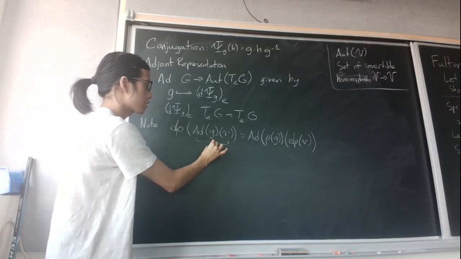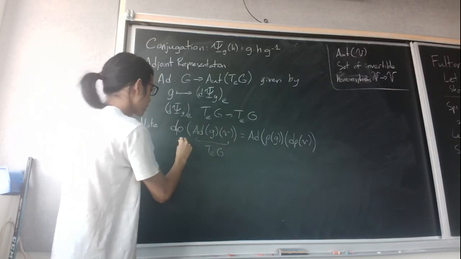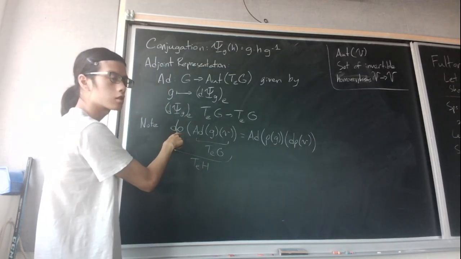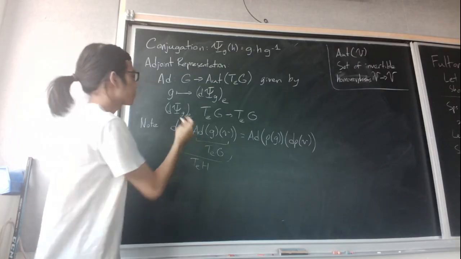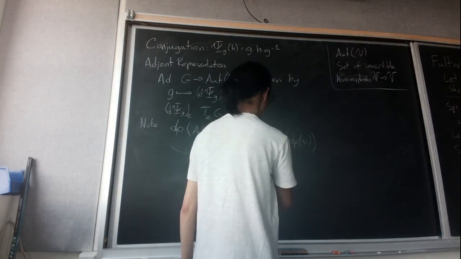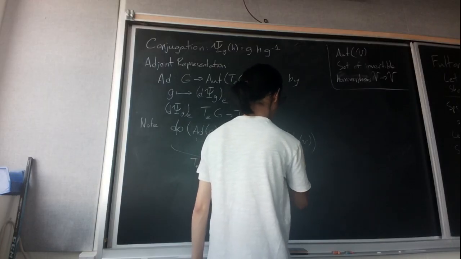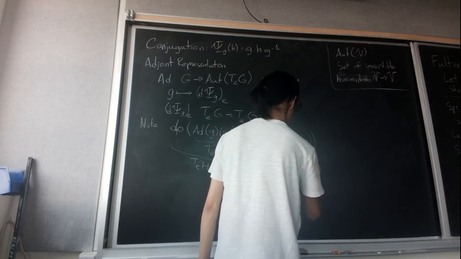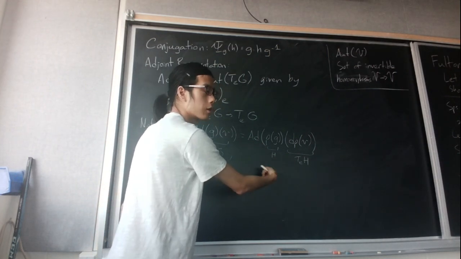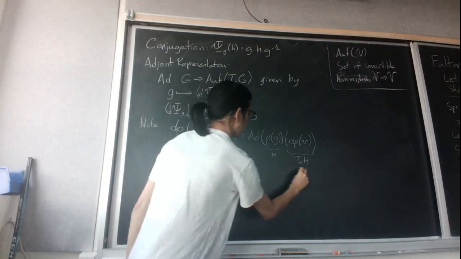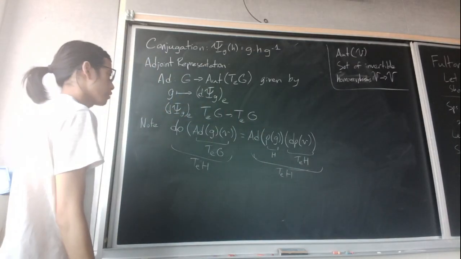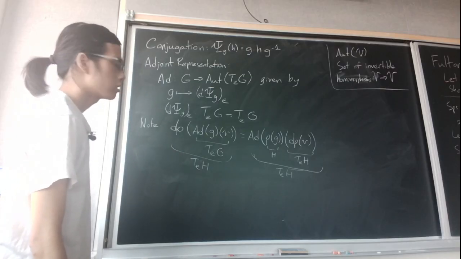In some sense, this is the differential of the conjugation, and then d rho sends it to the tangent space at H, because d rho, if you remember, is the tangent space map between the tangent space at G and the tangent space at H. And here we are immediately in H, in the tangent space at H. And with the adjoint representation, we are already in H, and then we do it. So yeah, tangent H again. Do you have a picture for this?